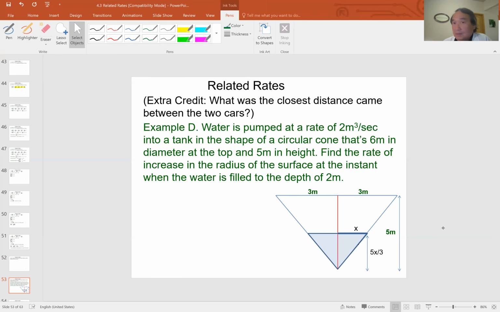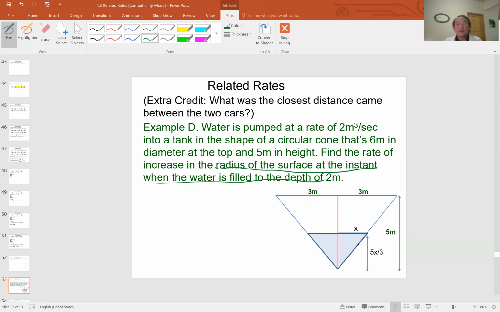Now, here is a problem. Again, it's a related rates problem, a geometry problem relating volumes, expansions, the radius, and the surface area.